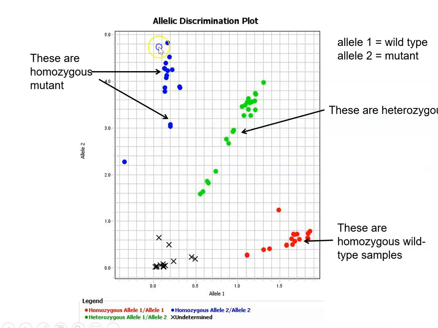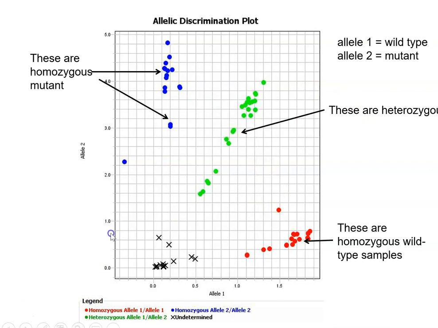If you do hundreds of samples, you tend to get this population extending as a line pointing down towards 0, and these samples extend as a line pointing towards 0, and these extend in line towards 0. The ones that are very close to 0, where there's limited amplification, have got X's because they have failed. So doing this, we can quickly screen lots and lots of samples for a single nucleotide polymorphism or mutation and get a very accurate representation as to whether they're homozygous wild type, heterozygous, or mutant.